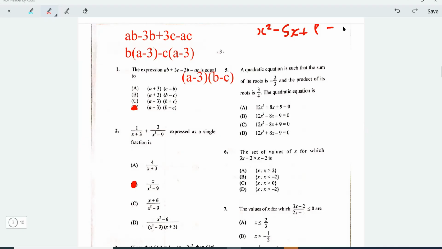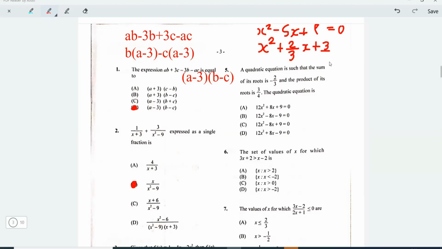All right, so they tell us that the sum is negative 2 over 3. So that means the equation can be written as x squared minus the sum, minus 2 over 3 becomes plus 2 over 3. So it's x squared plus 2 over 3 times x plus the product, and the product is 3 over 4. So you get plus 3 over 4.